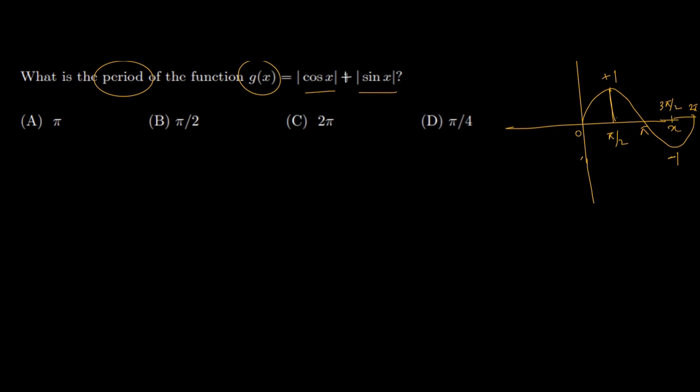So the entire range of x that covers all the possible values of sin x is 0 to 2 pi. So the period of the function sin x is 2 pi.